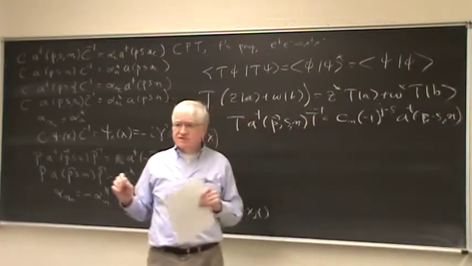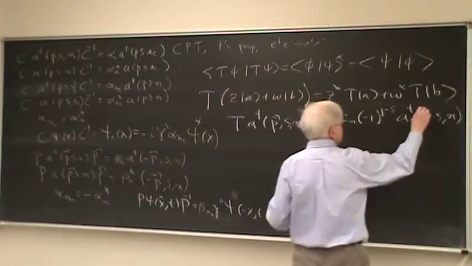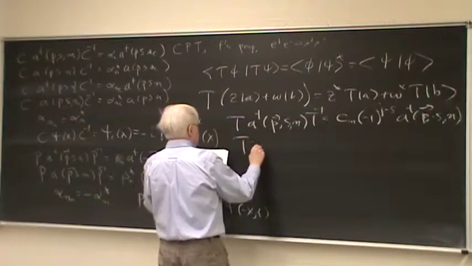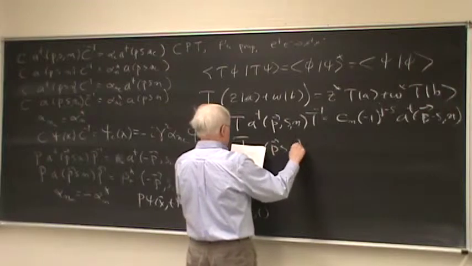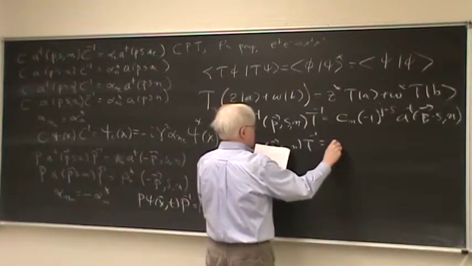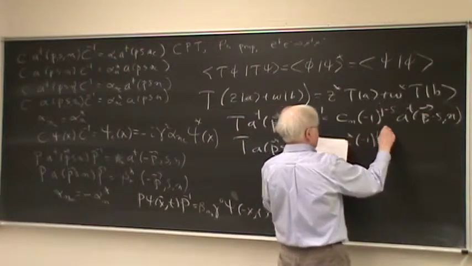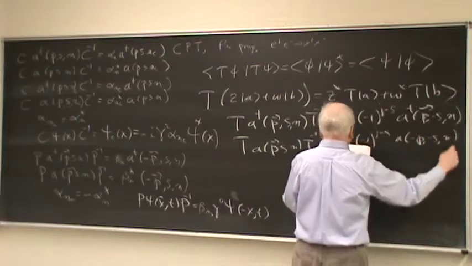So of course the spin is reversed, momentum is reversed, and this is just free momentum. And T A of p s n T inverse is then C n star minus 1 to the j minus s, A of minus p minus s, n.